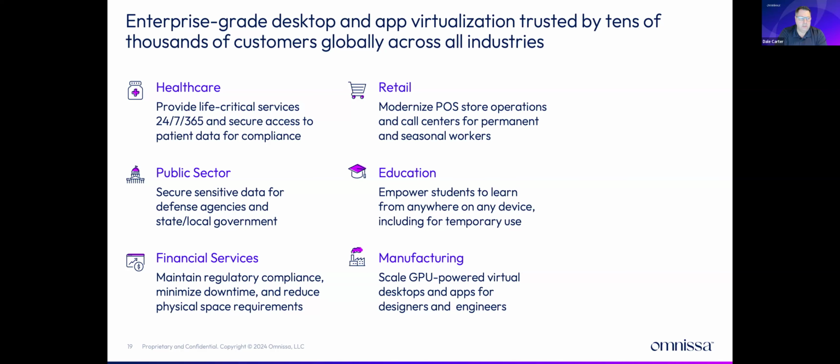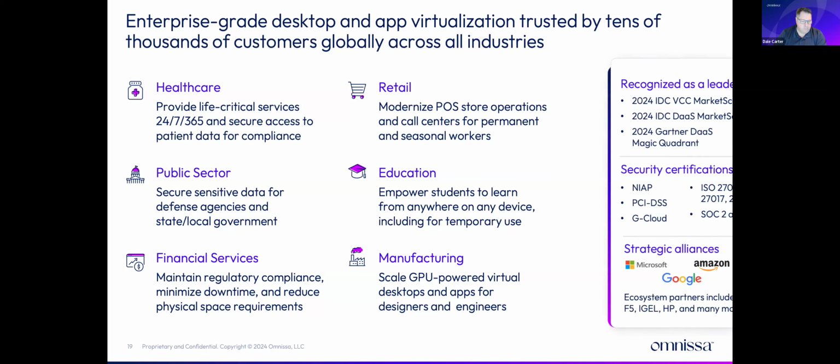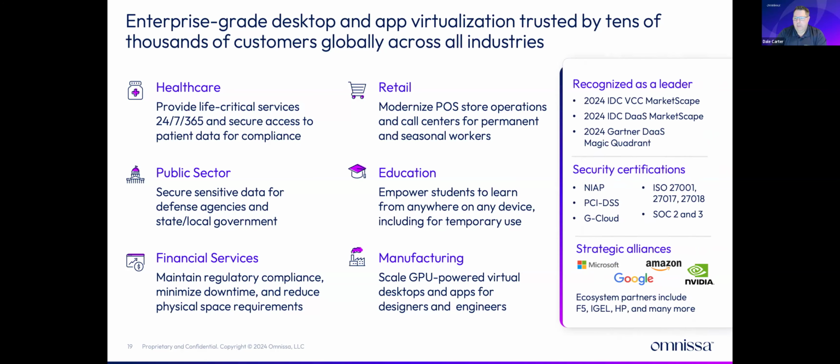So as you can see, Horizon is becoming just one of the best solutions a lot of these industries have today, to enable that work from home mentality that a lot of people have got used to and don't want to change at this point. So it's definitely something we will continue to invest in and something that will continue to grow. And then we also are a recognized leader from the analysts like IDC and Gartner.